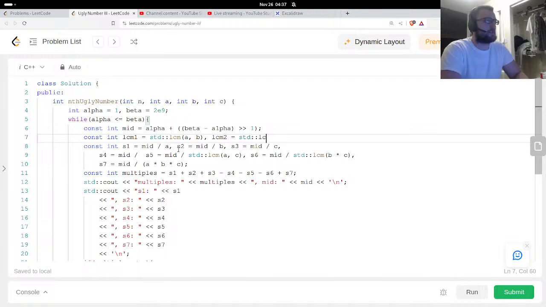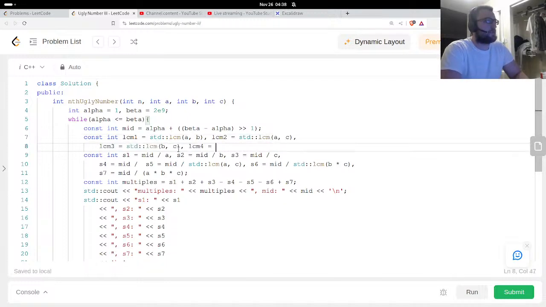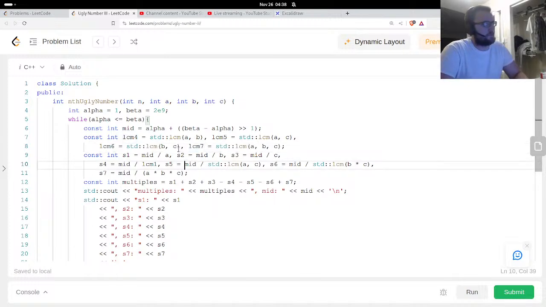Easy mistake to make. Yes, that's what I need. Let's see, one. Actually, I should do it this way. 4, 5, 6, and 7. That's what I was missing.